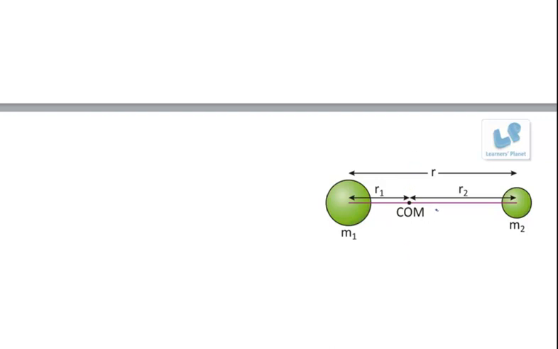would take place about the center of mass of these two bodies. Let us say the distance from mass 1 is r1 and from mass 2 is r2, and the total distance is r. Then we know that m1 r1 will be equal to m2 r2, and r1 plus r2 is given as r.